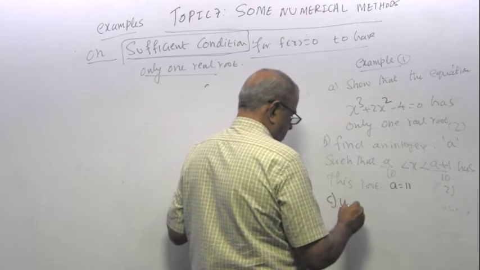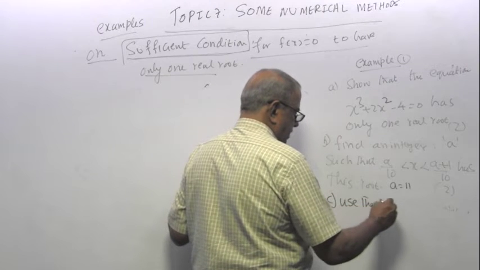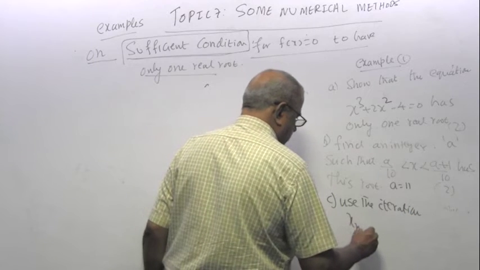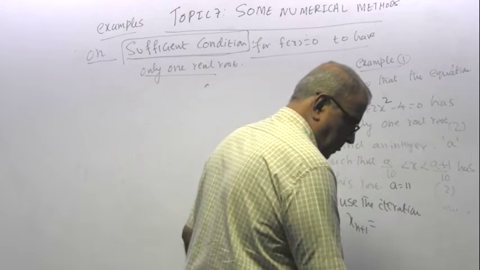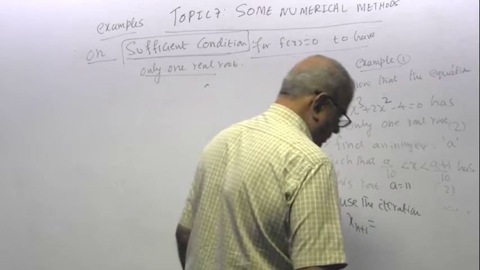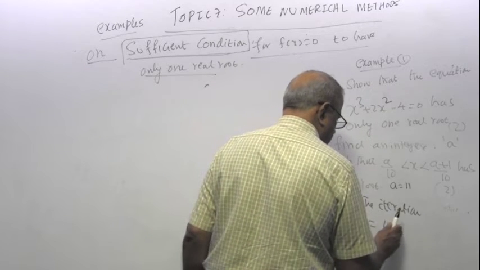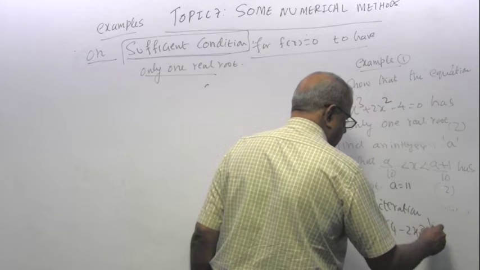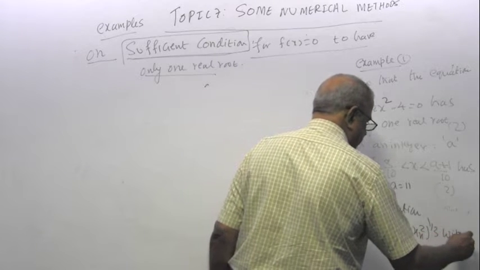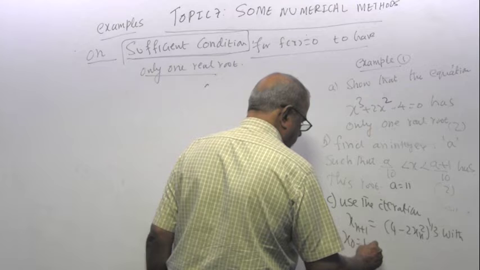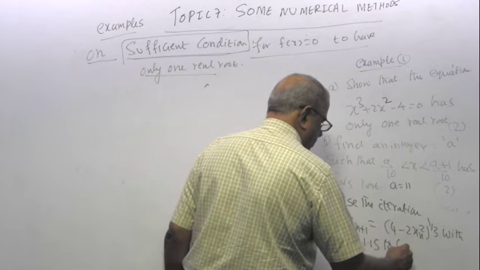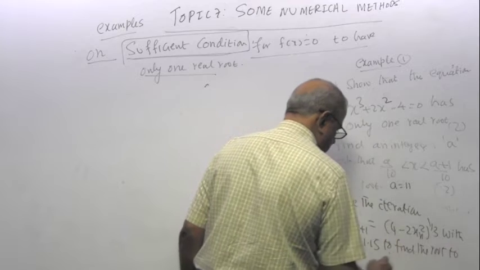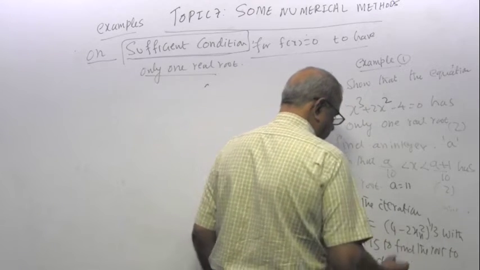For C, use the iteration x n plus 1 equals 4 minus 2 x n squared, to the power 1/3, with x naught equal to 1.15, to find the root to 4 decimal places.